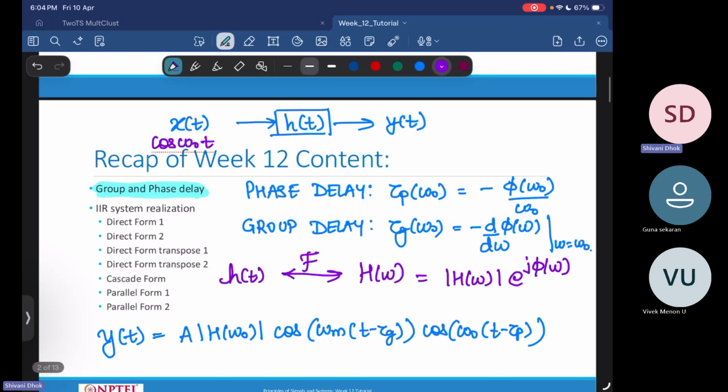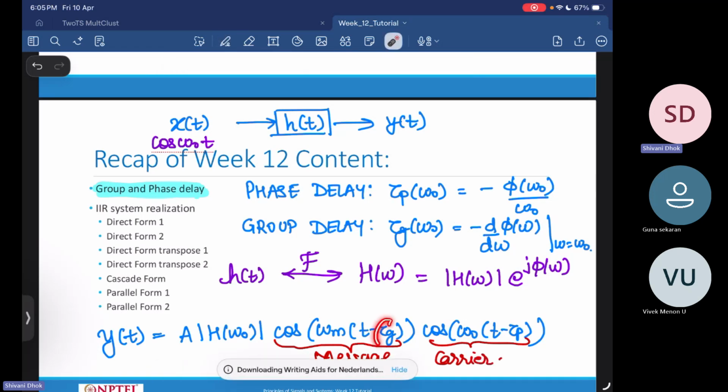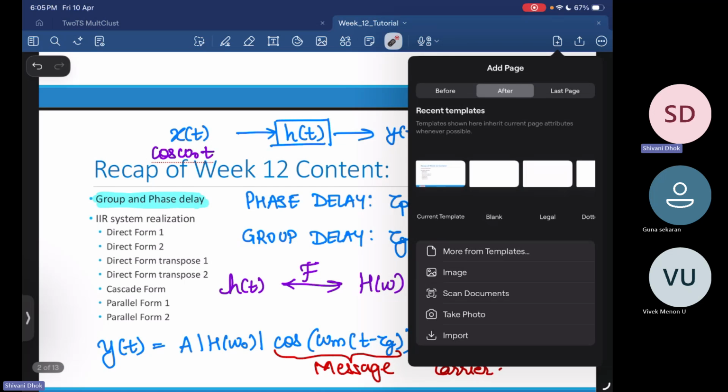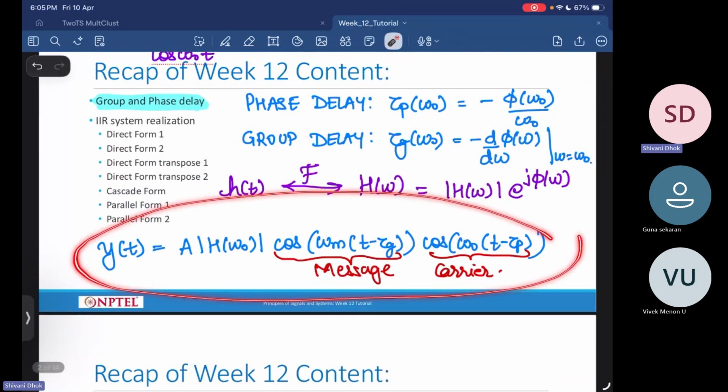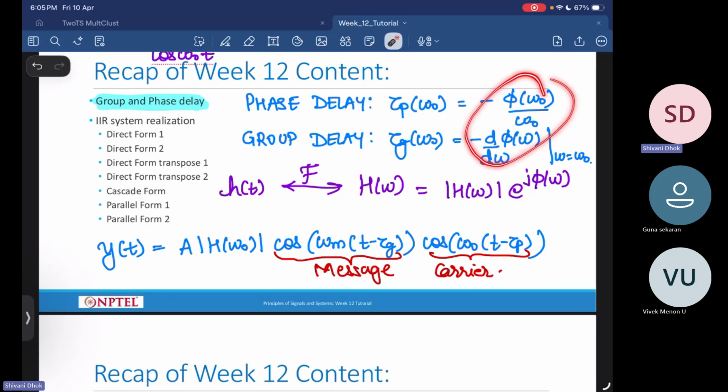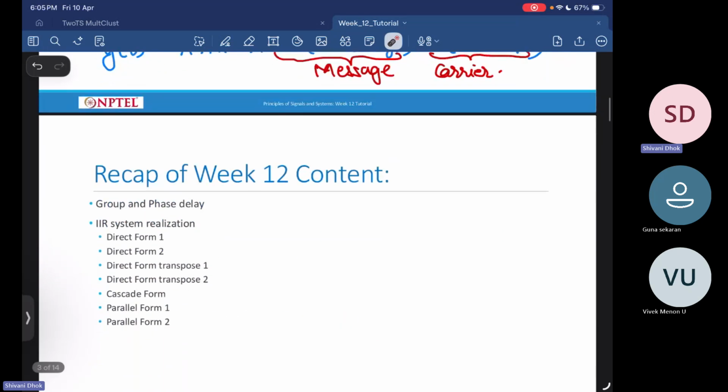So this first term is basically your message signal, and this is your carrier. The message signal is affected by your group delay, and your carrier is affected by the phase delay. This is all that we looked at regarding group and phase delay. Mostly, the equation we wrote here and these two formulas are sufficient to solve any problems that you will get in this concept.